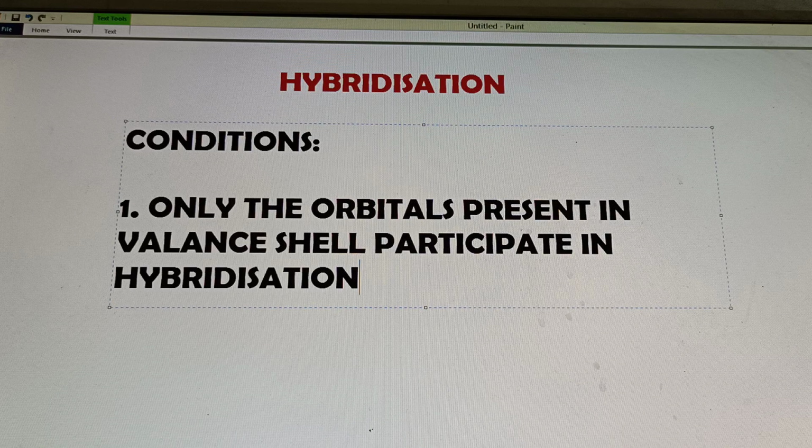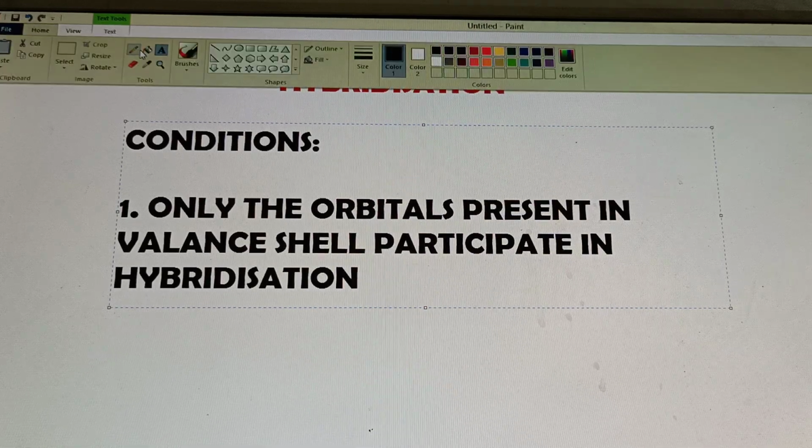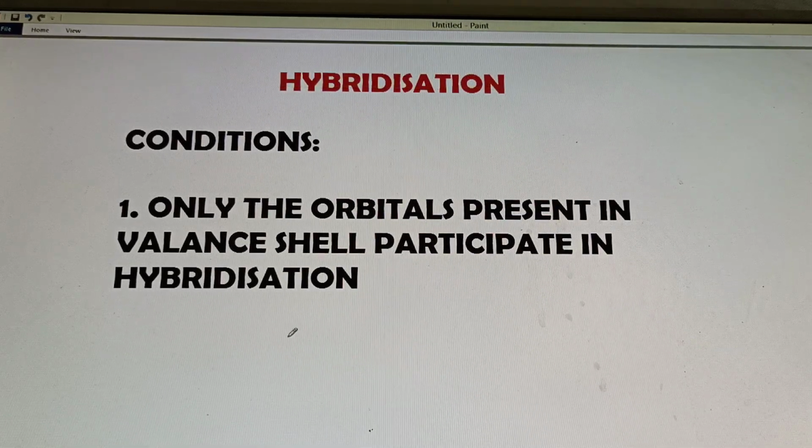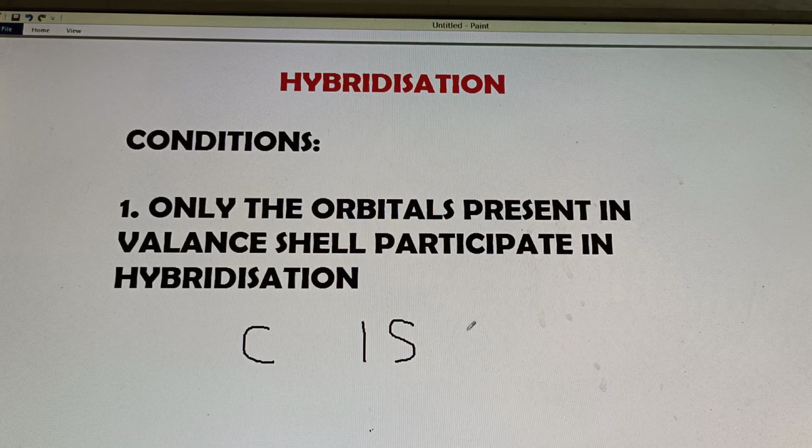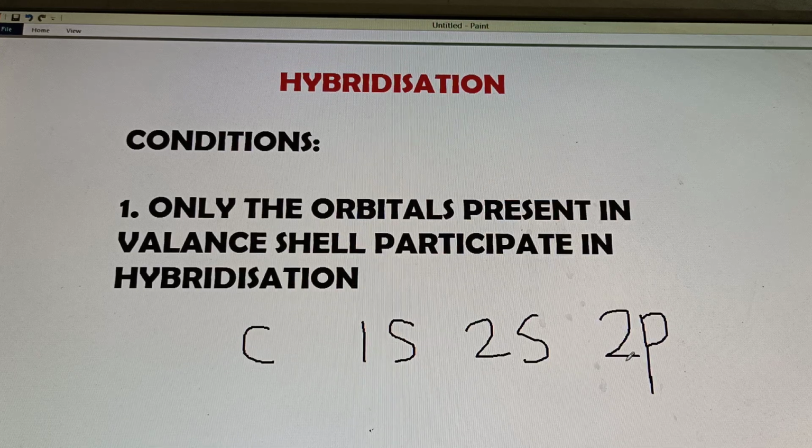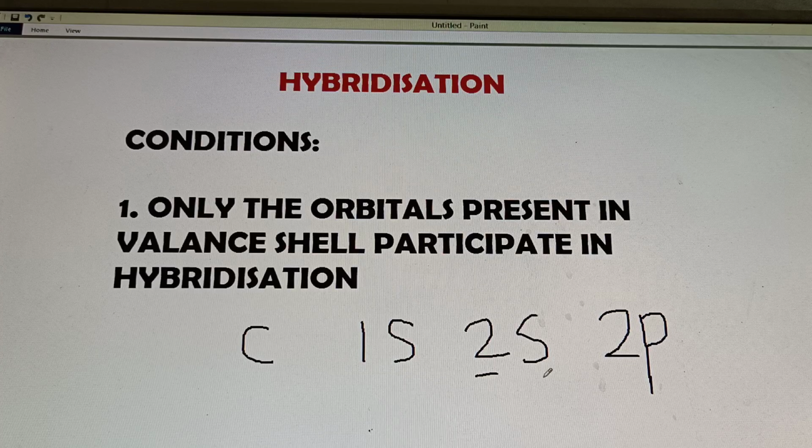Suppose in carbon, 1s orbital is there, 2s and 2p. Among the three orbitals, the valence orbital means the greatest quantum number, that is 2. So 2 has two orbitals, the s orbital and p orbital.